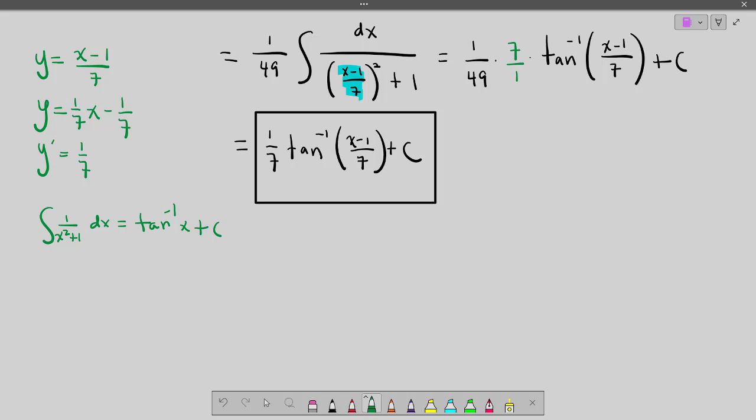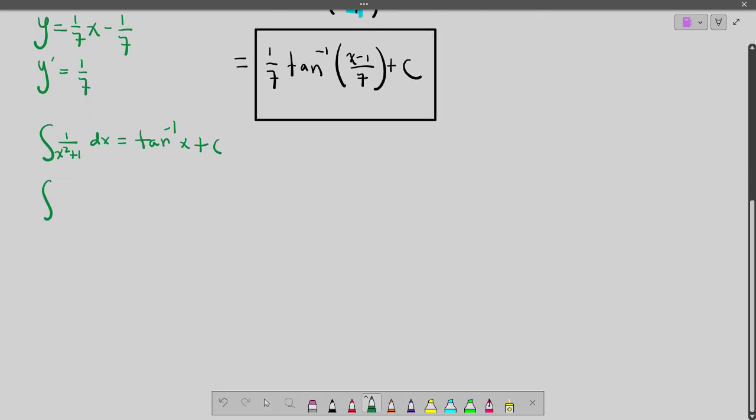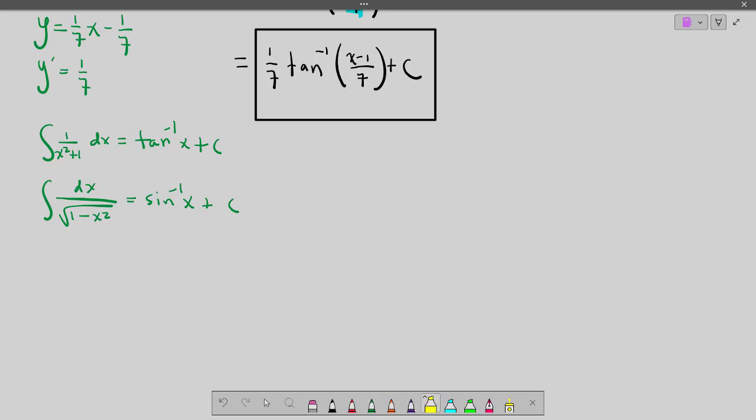Similarly, the one for inverse sine is going to be the integral of this. And then, of course, there's the inverse secant, but that one's way less important. These are the important two. So if we can make this a 1 or make that a 1, and we know how to use reverse chain rule, we don't even have to think about it.